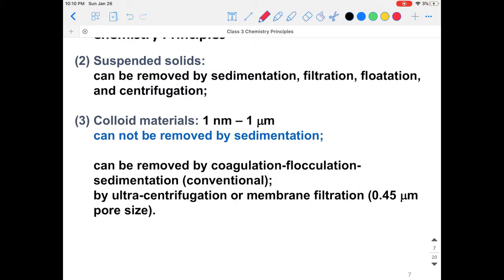Under this situation, we can use the coagulation, flocculation, sedimentation. So this is a conventional method. And we can also use the ultracentrifugation. So what that means is we can create a very strong rotation movement of the liquid so that we can remove these smaller particles. Or we can just use a membrane filtration to get rid of these particles.